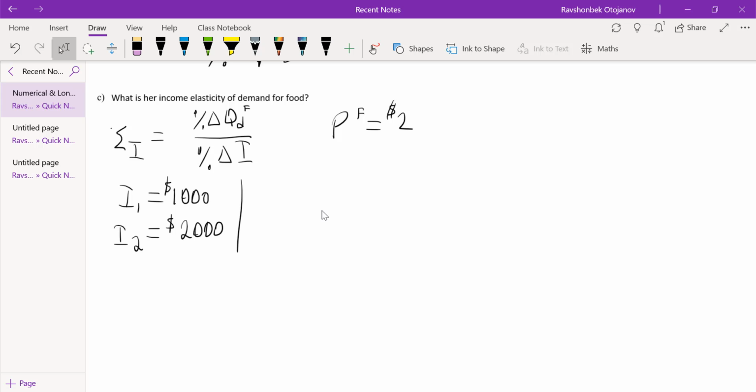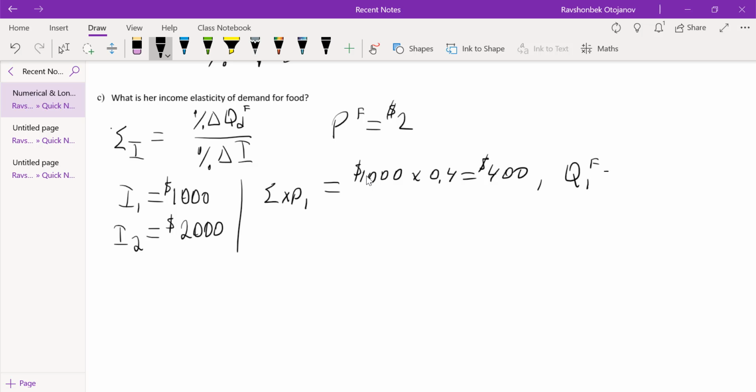So let's now calculate the expenditure on food in that case. Expenditure 1 is equal to $400 as before, which leads to the quantity demanded of food of 200 units as before.